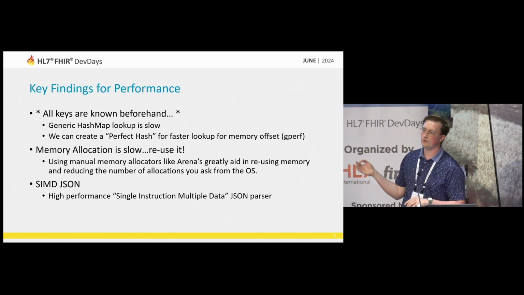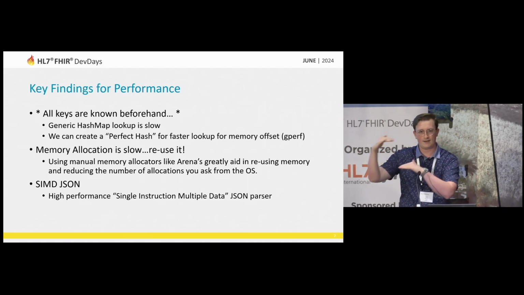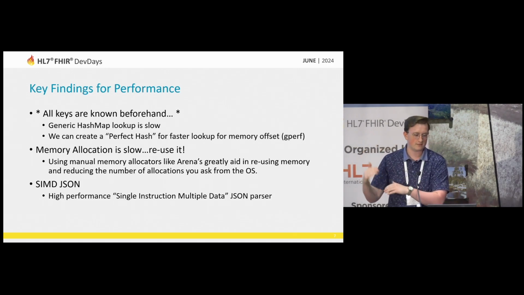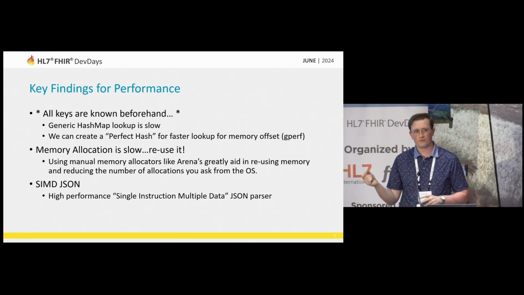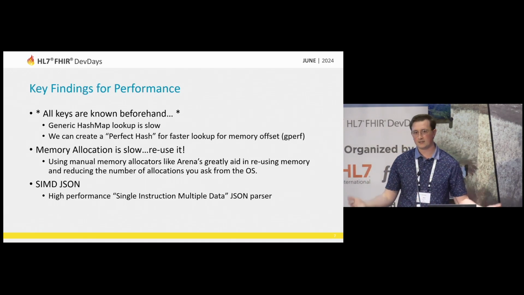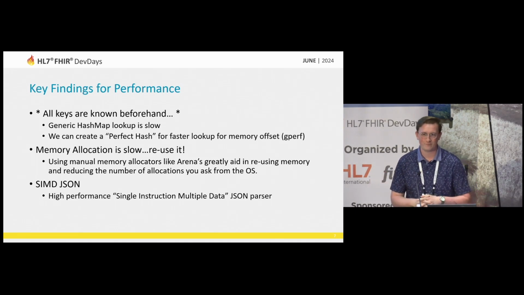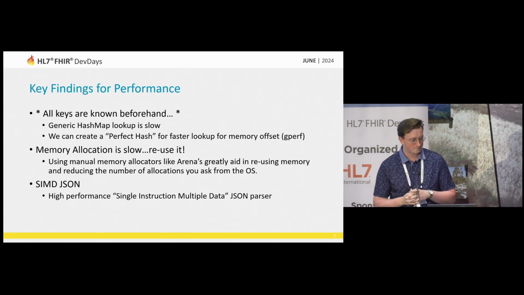So we don't need to use the generic hash map anymore. We can find better solutions for a static dictionary, basically. And there's a tool called gperf, which generates perfect hash maps where you'll never get any collisions. So it's actually an O(1) lookup rather than kind of a wavy O(1) lookup with generic hash maps.